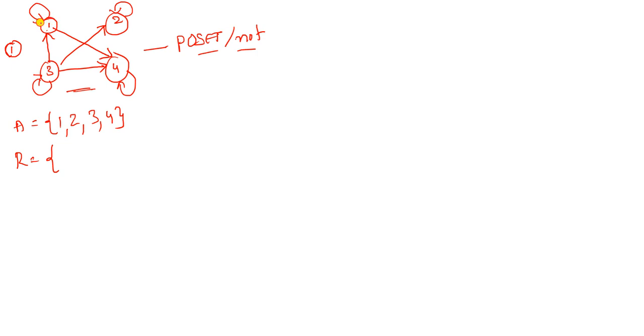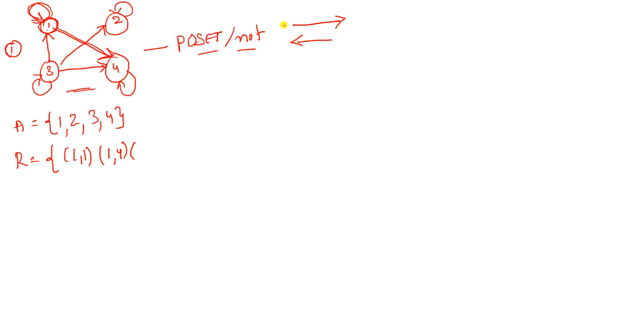See, with 1 there is a loop, so that means (1,1). And there is a connection from 1 to 4, so we have the element (1,4). See, the direction is important. Check the direction, whether it is like this or like this.